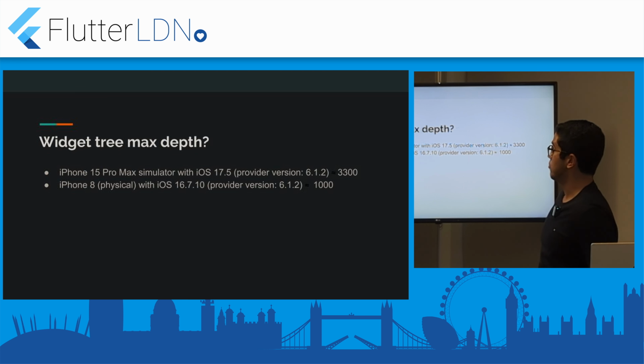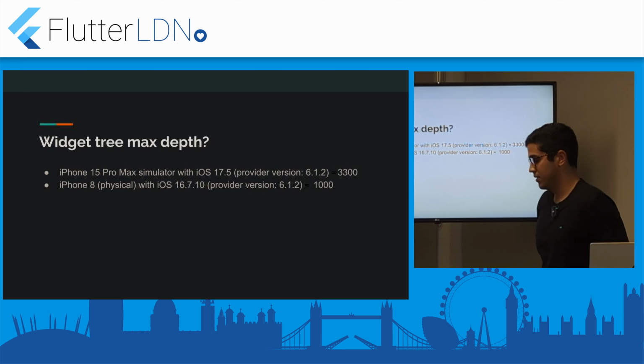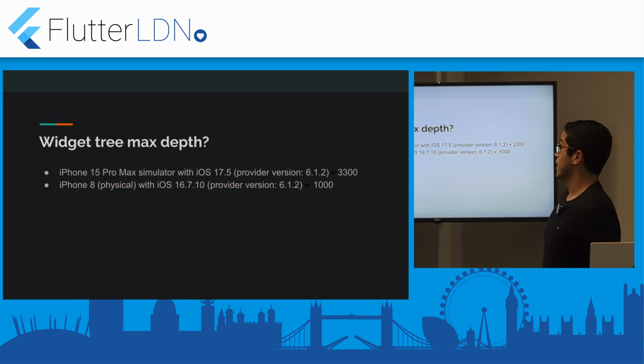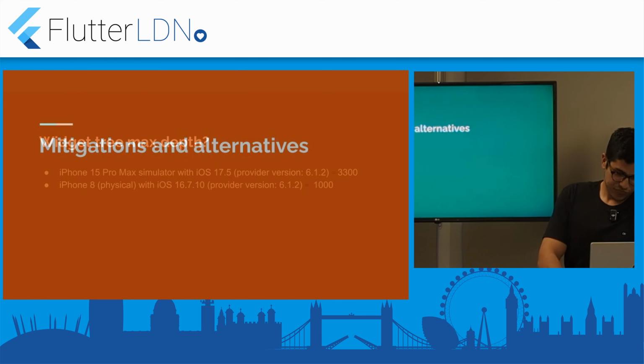For an iPhone 8 with iOS 16, it was 1K, which is lower. With older iOS and older iPhones, the stack size is different, so it's lower. I remember when we had this problem, it was at something like 700. So it depends on the device, the operating system, and the Flutter version; it all changes. I just did these 2 benchmarks.